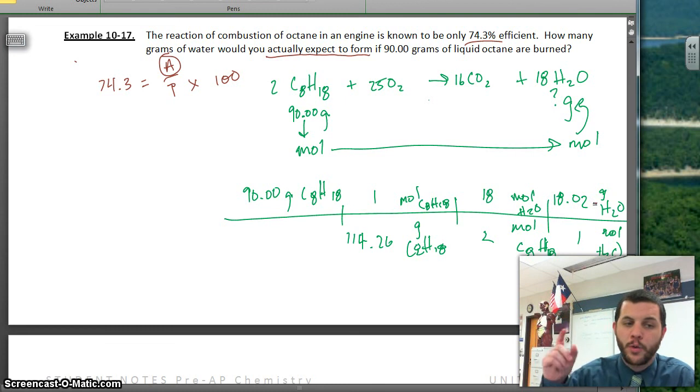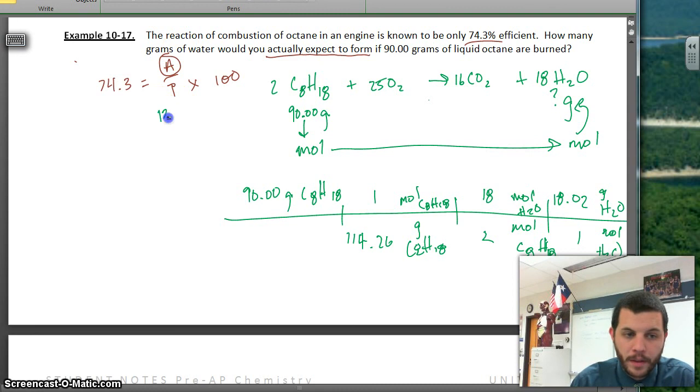Now let's see how much we theoretically should produce: 90 times 18 times 18.02, divided by, open parentheses, 114.26 times 2, close parentheses. 127.75 is my theoretical value.